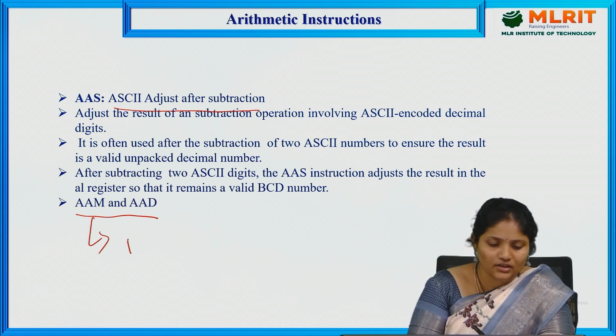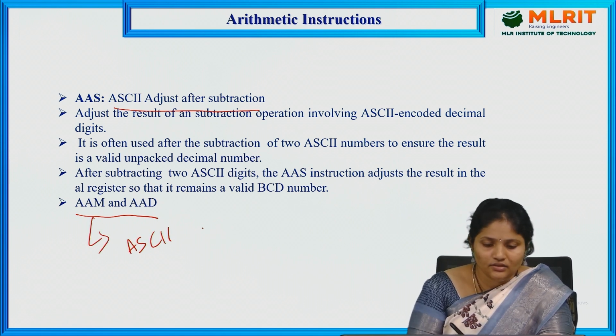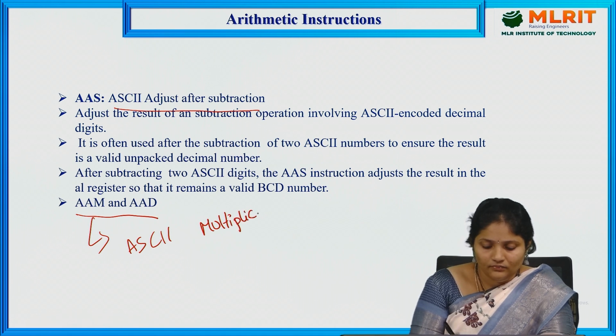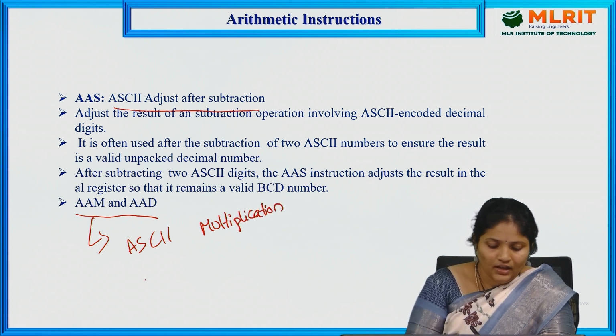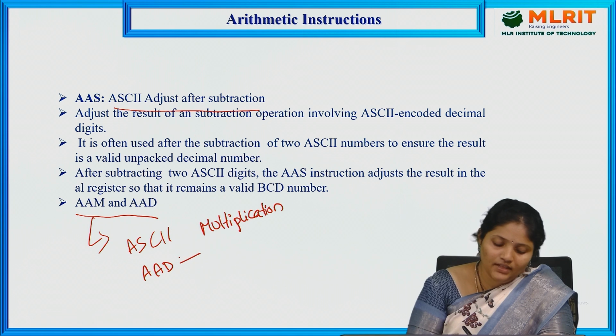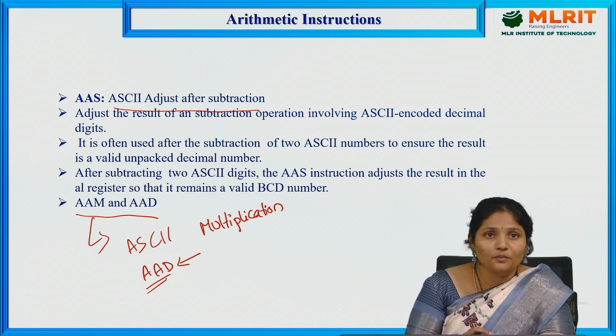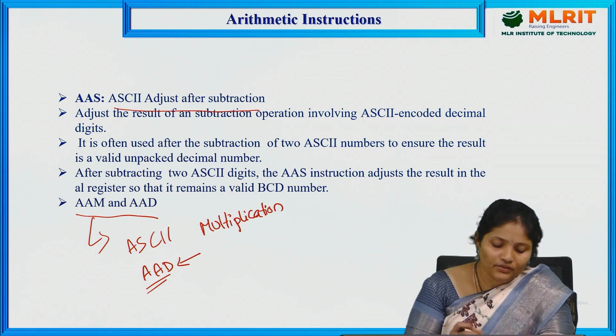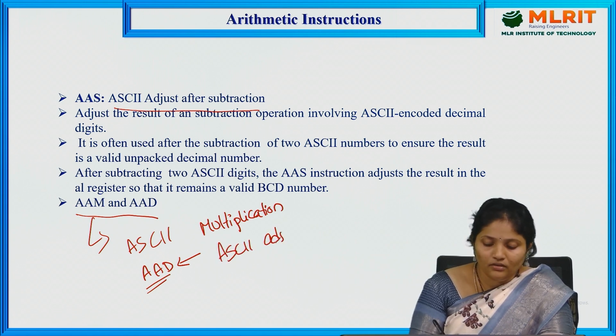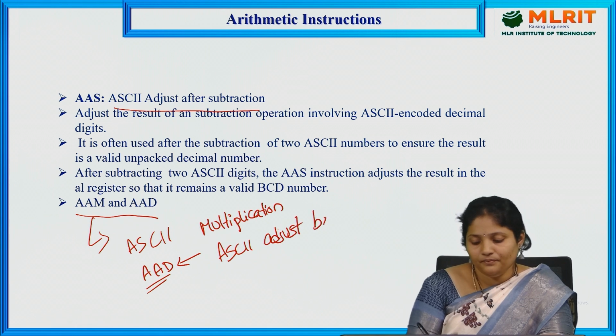AAM is the ASCII adjust after multiplication, and AAD is the instruction which performs the adjustment before performing the division operation. So this is ASCII adjust before division.